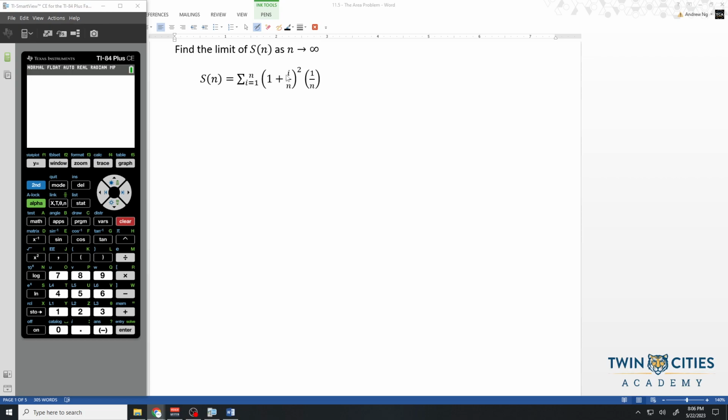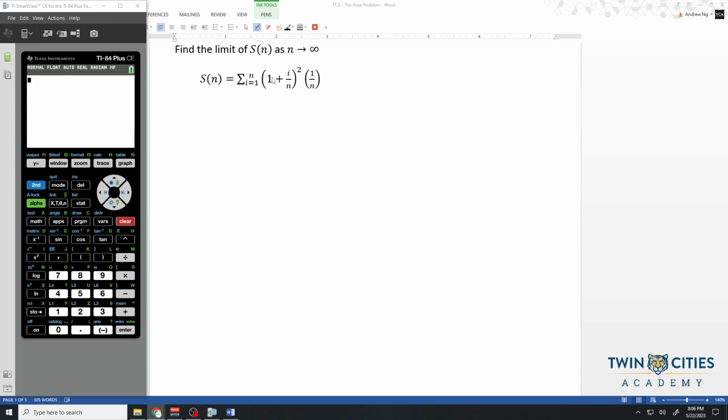I've got 1 plus i over n. Well, I'm going to be taking this and squaring it. It might be easier for me to just say this over that, one single fraction squared. If I've got 1 plus i over n, I can't add these as is because they've got different denominators. I can think of this as 1 over 1, but this has an n in the denominator. So if I multiply 1 by n over n, that'll give me the same denominator as i over n.